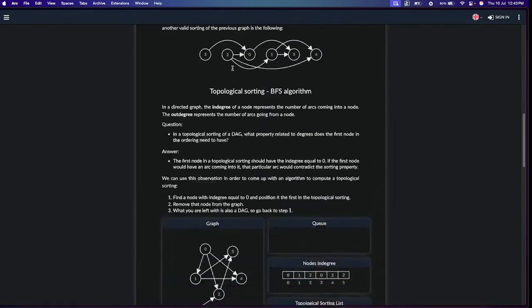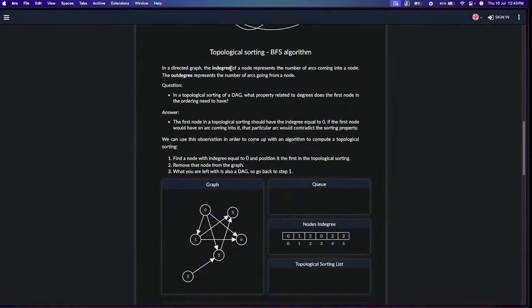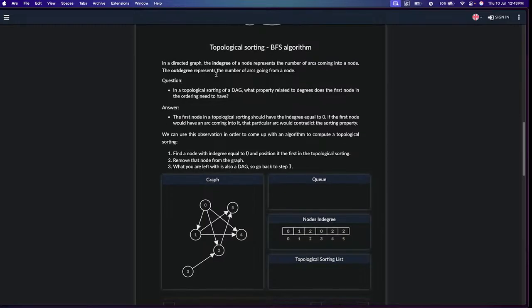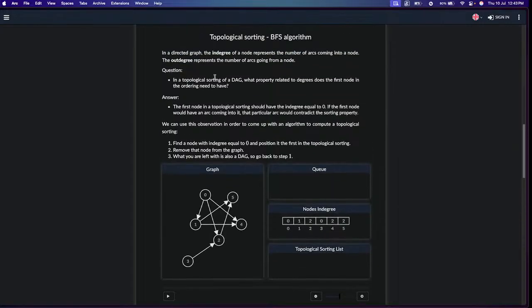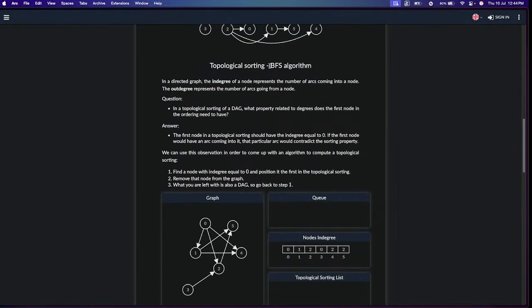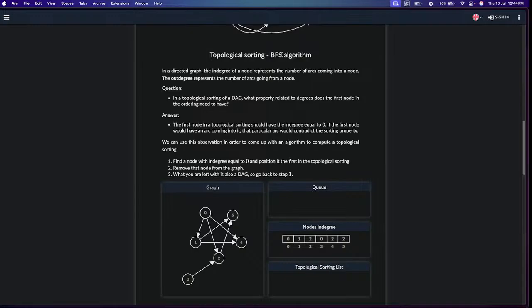There are two ways to do topological sort, and I don't necessarily care about it, but from what I know, the BFS algorithm for topological sort is nothing but Kahn's algorithm. So this is something that's important. But rather than remembering the name, just remember this. It doesn't matter about the remaining names.